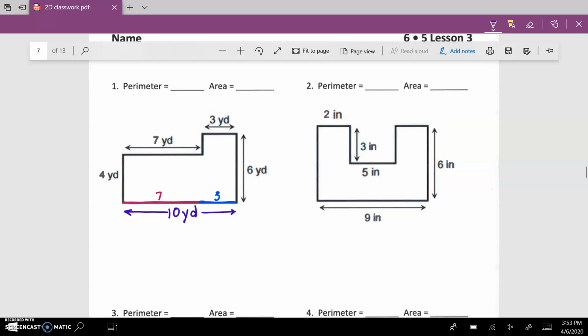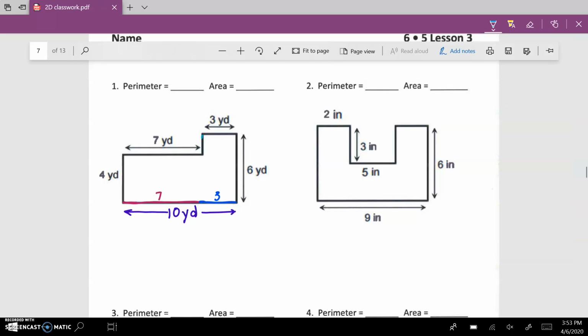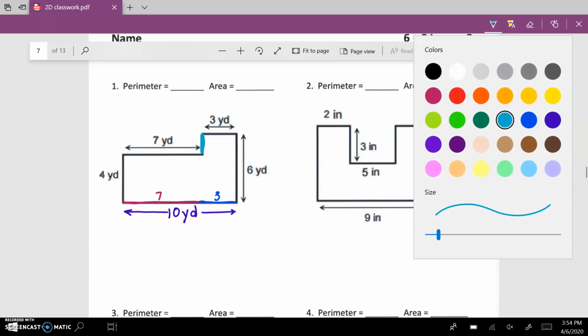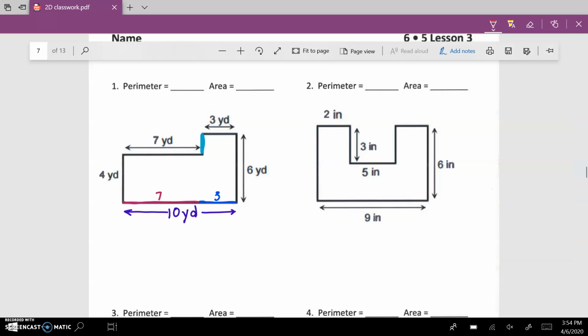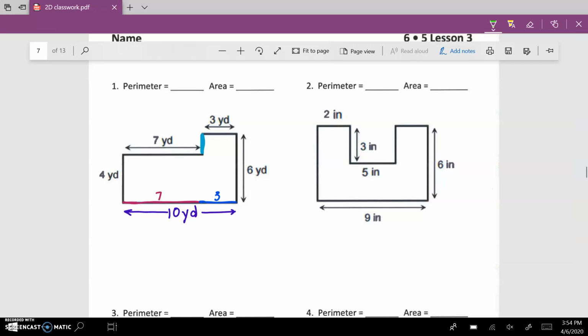So like if you put in these little arrows from here to here. Okay, now the other side that's sometimes tricky to figure out, and what most of you will probably forget, is this little side I've shaded in light blue here, going up and down. So if we were to break up our shape here, we know that from the bottom up to here, this is 4 based off of what's on the other side.